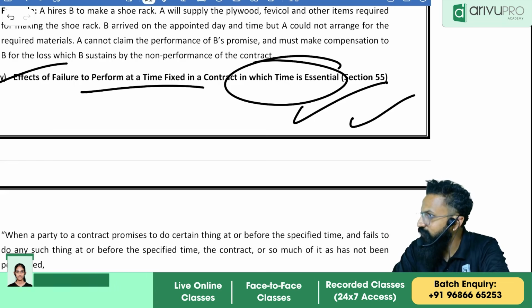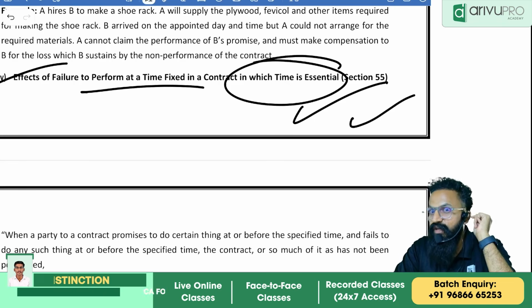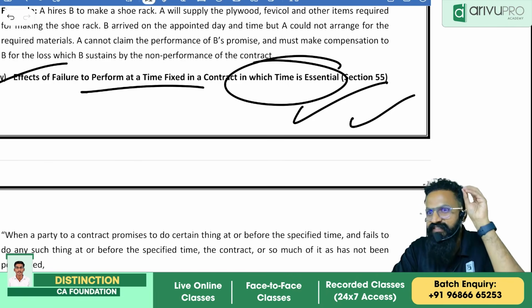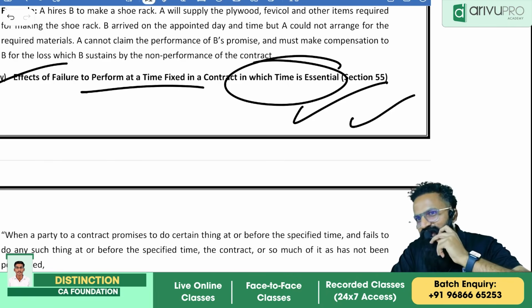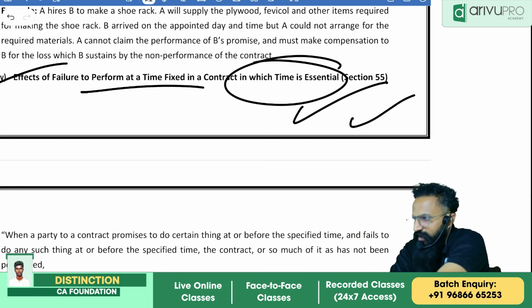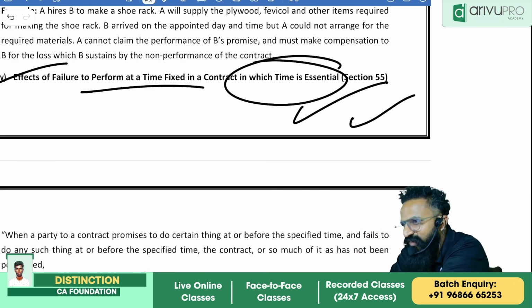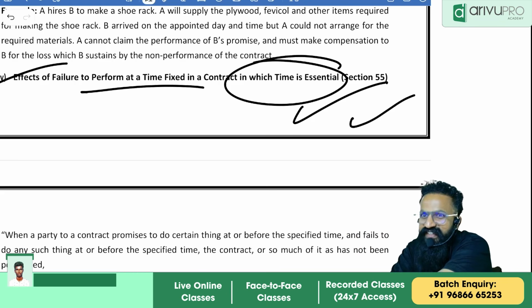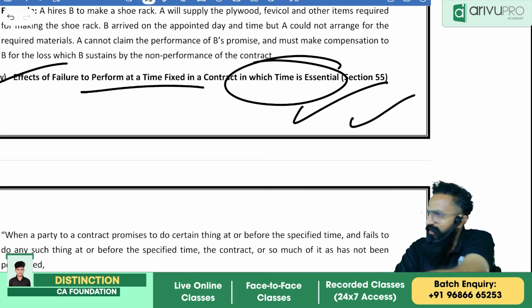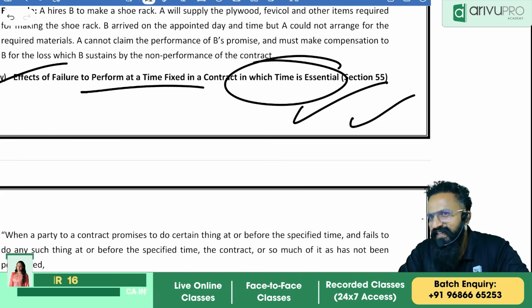There is a breach of contract, but you have not suffered any loss. So the court, just to satisfy your ego, will declare some compensation that is called nominal damages. It can be 100 rupees. In fact, if you look at your textbook, it says even 10 paise is also a nominal compensation. It is just given to satisfy your ego. Understood?